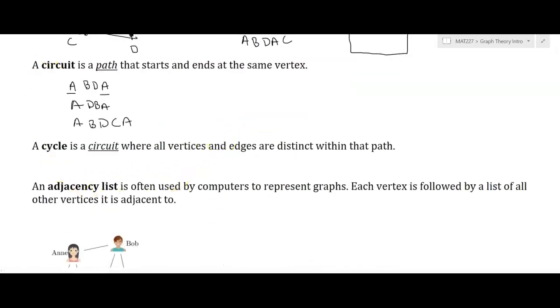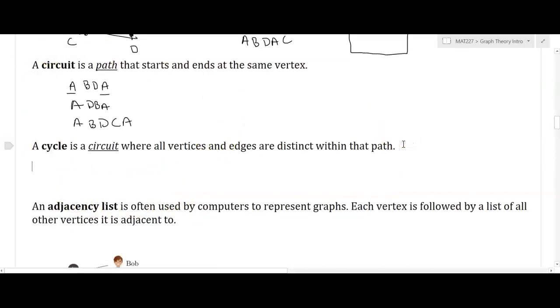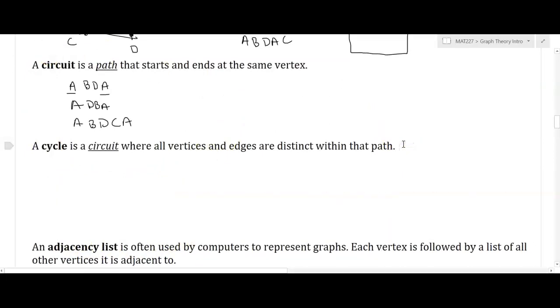Now, we have another type of constraint, and we'll see why it's important to talk about cycles and circuits and paths. A cycle is a circuit. Basically, it's a path that starts and ends at the same vertex where all vertices and edges are distinct within that path.